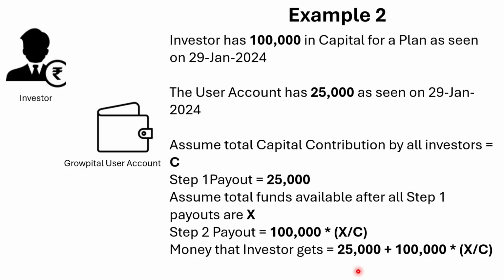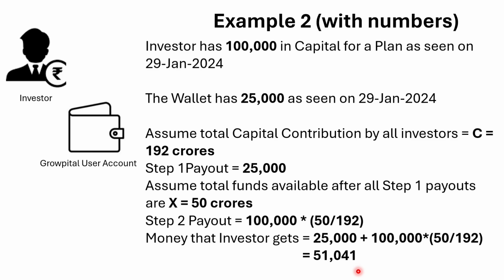And again assume that total funds available after all the step 1 payouts are X. So he'll further get, as part of the step 2 payout, a fraction of his capital contribution depending on the values of X and C. So he will get 25,000 as step 1 payout, and as step 2 payout he'll get 1 lakh into X by C. And let's again throw in the numbers of X and C.